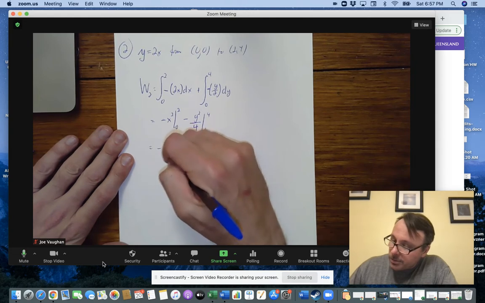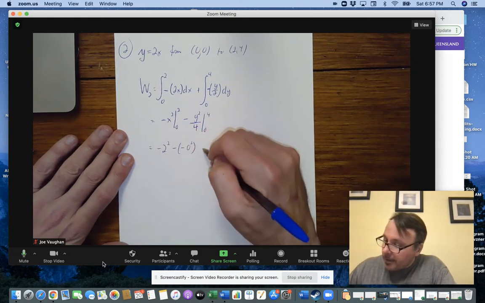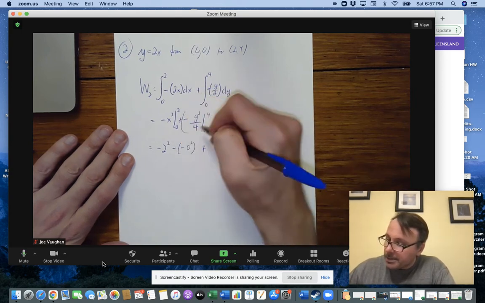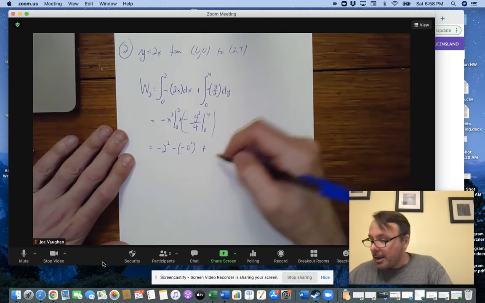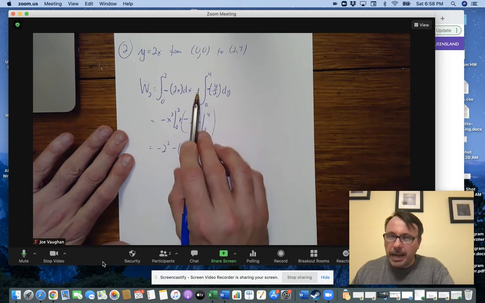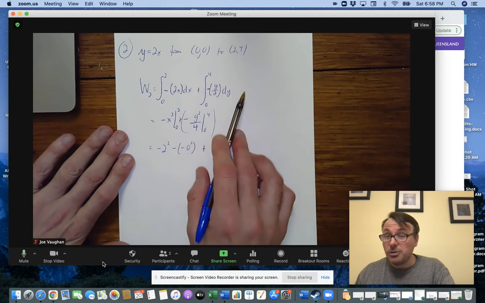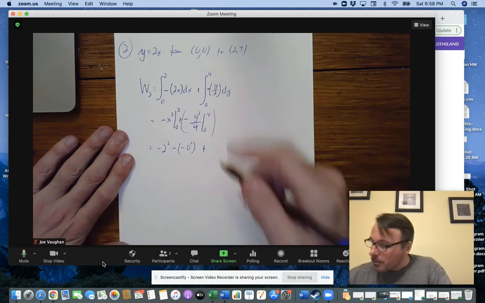So negative 2 squared minus negative 0 squared, and then plus, really it's plus, because I like to think of that plus sign there as a coefficient. I find that when people pull the negative sign out, they forget to factor it back in appropriately if there are multiple terms in there. Once again, good habits, right?